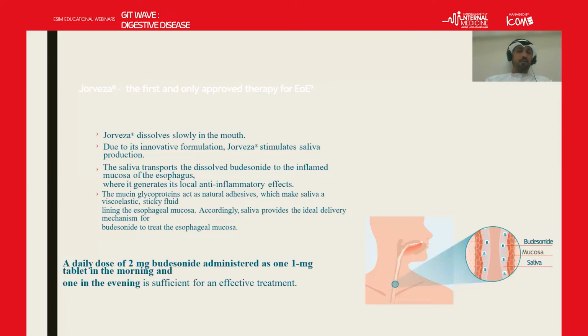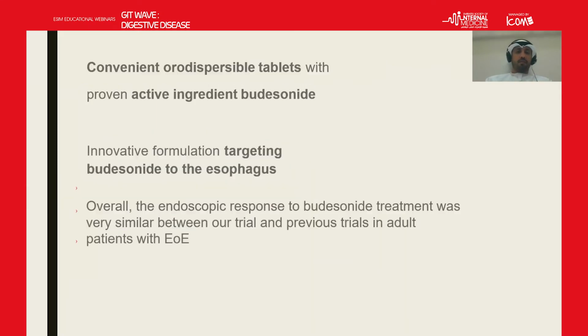They achieve a histological response similar to other forms of topical steroids. In their study, they showed a histological response of up to 80%, but overall, all topical steroids have achieved a similar response in all different forms.